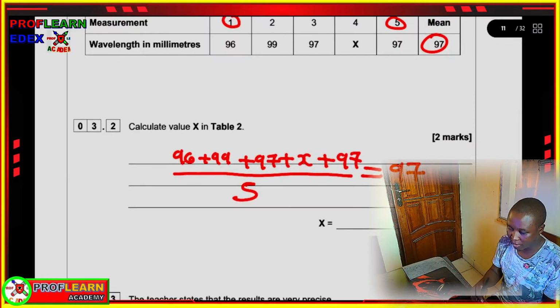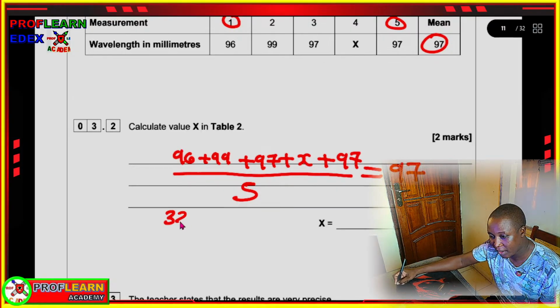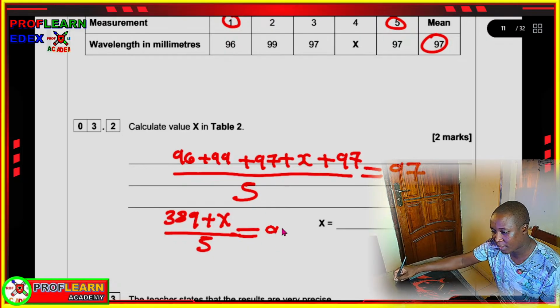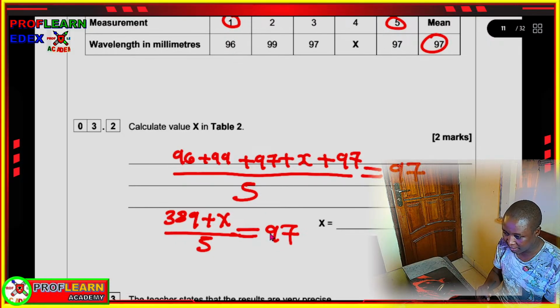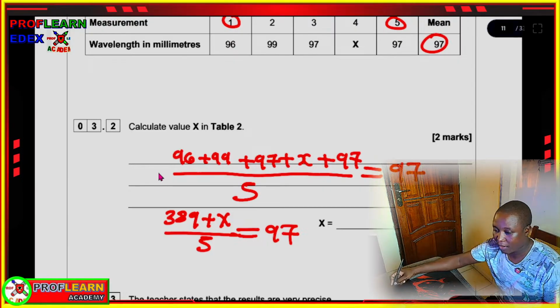So we add 96 plus 99 plus 97 plus 97, which gives us 389. So 389 plus x over 5 is equal to 97. If we multiply 5 times 97, we get 485.